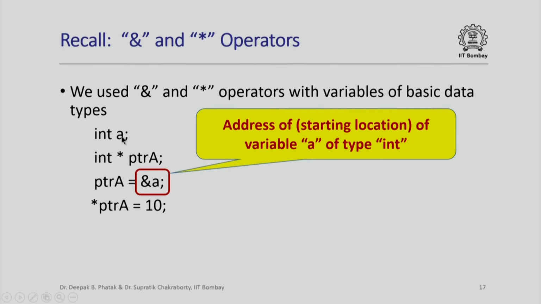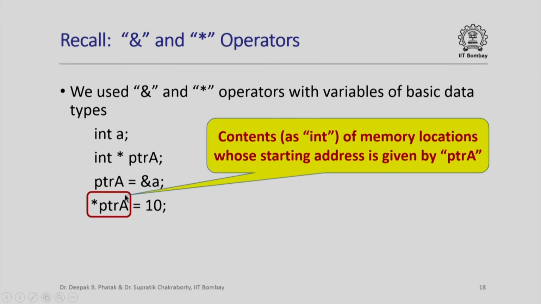Since variable a is of type int, we need 4 locations for storing the value of a. So, ampersand a will give us the address of the starting location of variable a and that will be assigned to pointer a. And similarly, when we say star pointer a, we are telling the computer to look at the contents of the memory locations whose starting address is given by pointer a, and we should look at these contents as an integer because pointer a has been declared to be of the type pointer to integer.